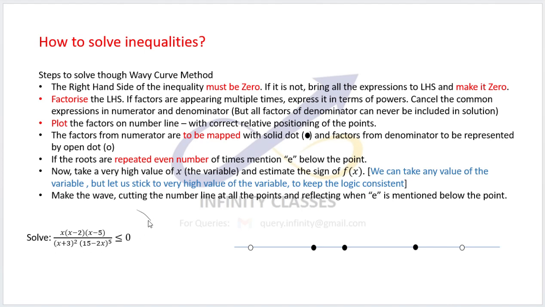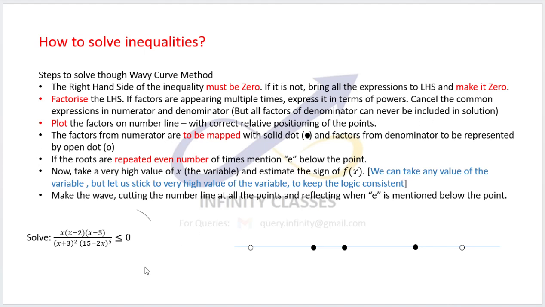It should be expressed in terms of powers. Cancel the common expressions in numerator and denominator, but we have to keep in mind that the factors in the denominator can never be included in the solution. That is one of the key things we need to take care of.